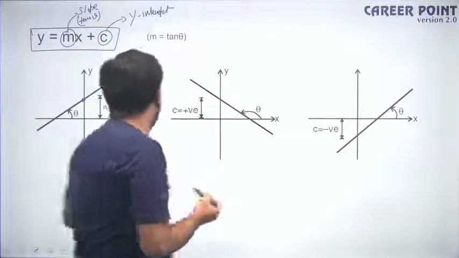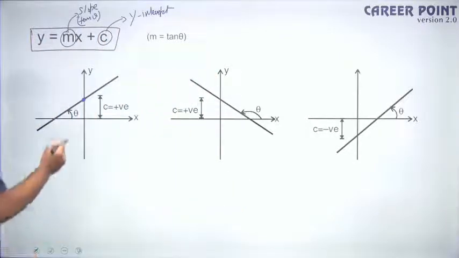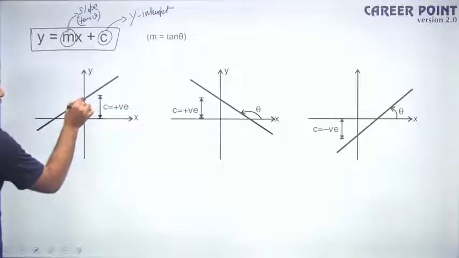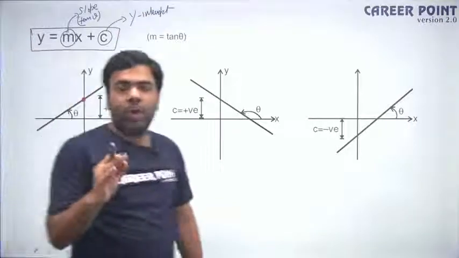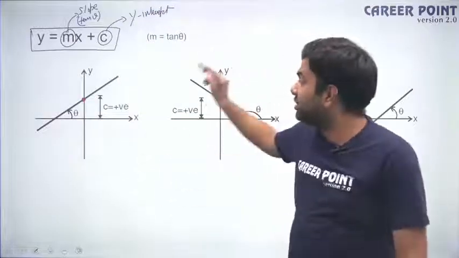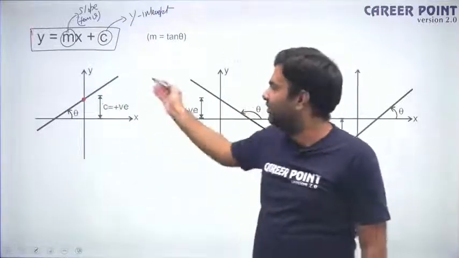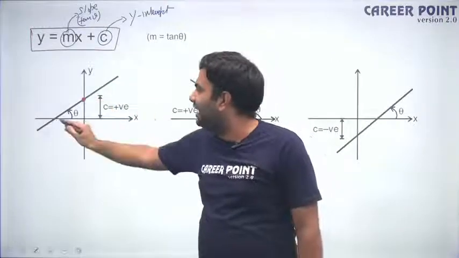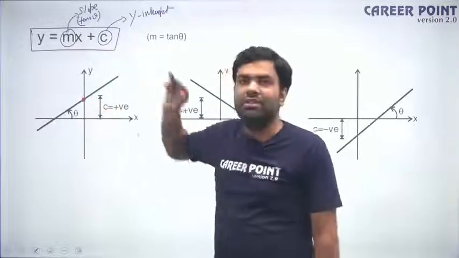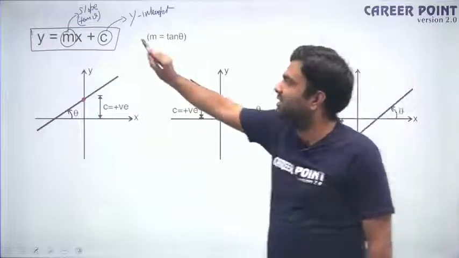For example, here, this is the y-intercept. What is y-intercept? The point on y-axis where the straight line is cutting the y-axis. This is known as y-intercept. And definitely the y-coordinate where the line is cutting the y-axis is known as the y-intercept c.